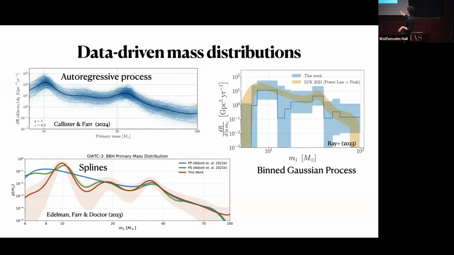So a binned Gaussian process will give you a safer upper limit where you haven't seen any events than something like a power law with a maximum mass.